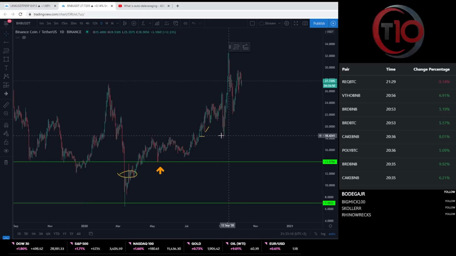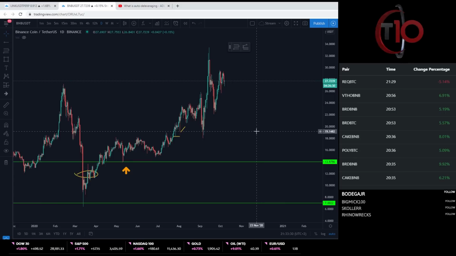I did add a little bit at 18. I didn't trade it in futures. I bought some for spot, because I just wanted some more BNB to play those scammy launchpad coins because they tend to pump a lot.